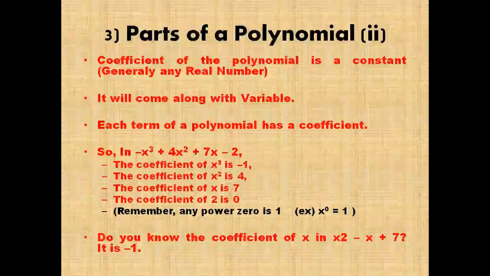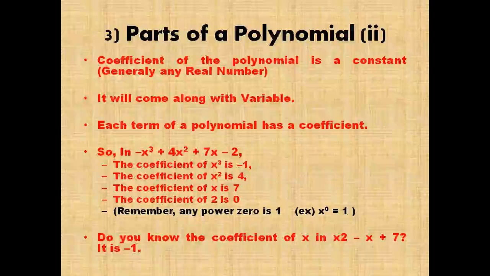In x squared minus 7x, nothing is written along with x squared, but a 1 is hidden, so the coefficient of x squared is 1. Then the coefficient of minus 5x is minus 5.